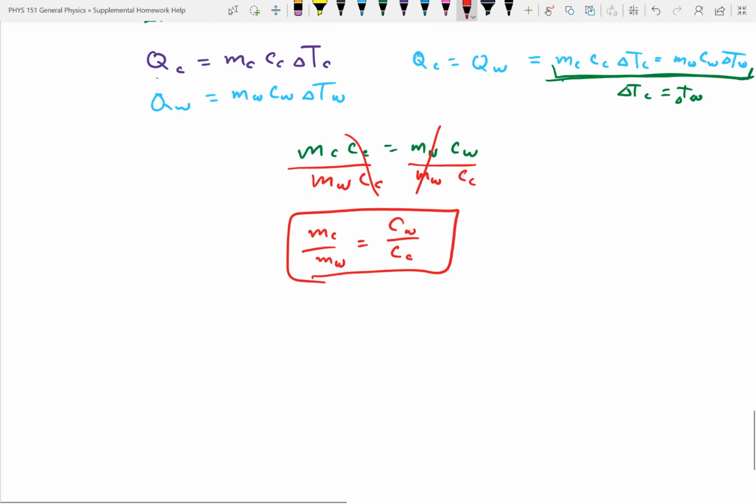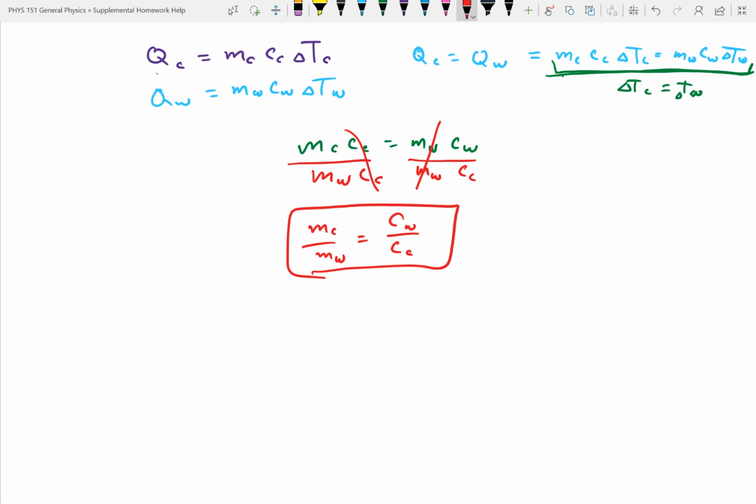Celsius used to be centigrade. It's not centigrade. That's true. Celsius, like, the freezing point will be 0.